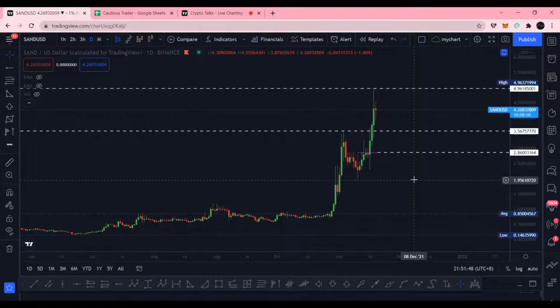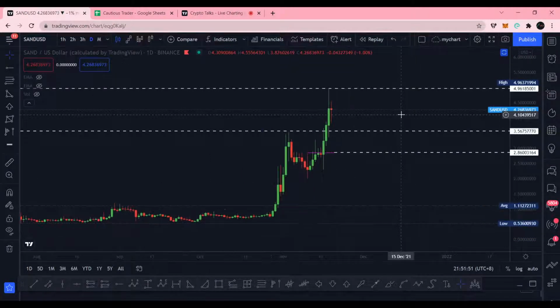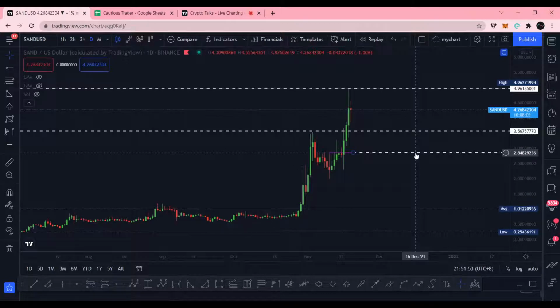And for now, I know it's already a golden cross from that. Maybe we'll use the other indicator, which is divergence indicator.